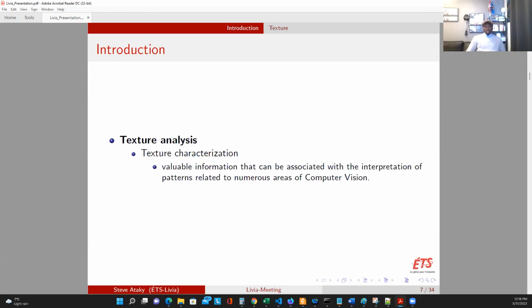So now, when it comes to texture characterization, it represents variable information that can be associated with the interpretation of patterns in various areas of computer vision.